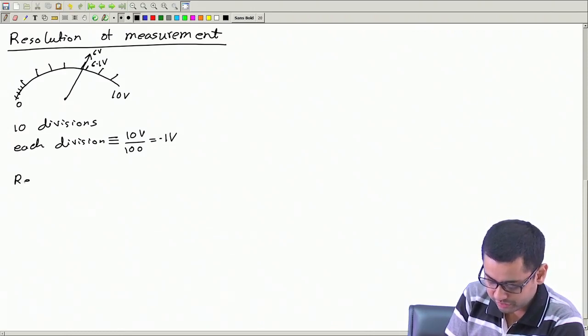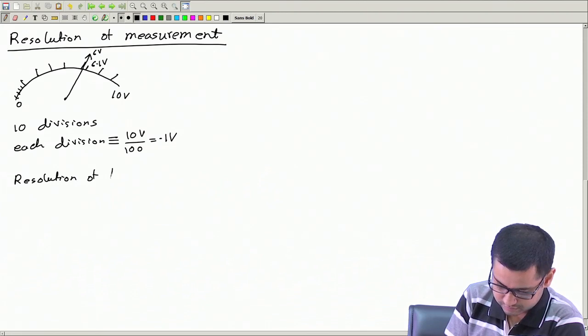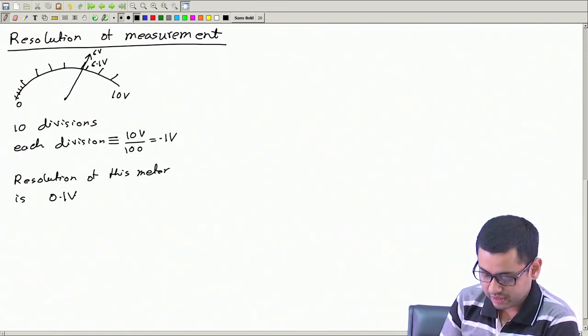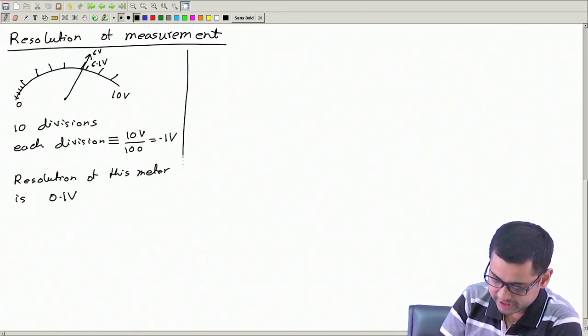So, the resolution of this meter is 0.1 volt.